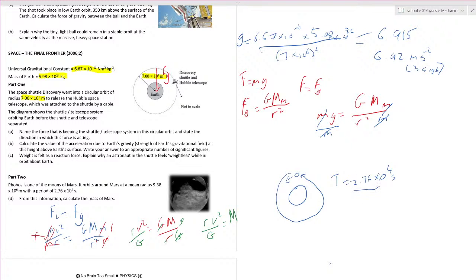This is kind of the key to figuring out the velocity, because I also know the radius, which is the mean radius, 9.38 times 10 to the 6. The reason they say the mean is because it varies. It goes in and out a little bit, so they average it, make a mean. So that is the radius.